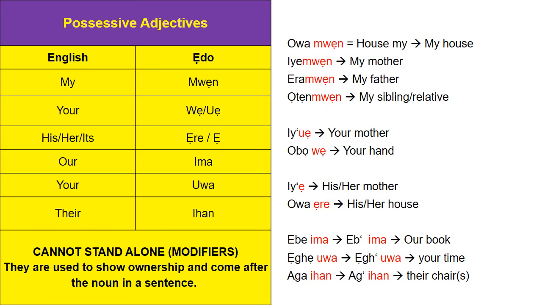Yes, indeed, it means my sibling or relative, but it is also the word you use to address people that you don't know, usually when you are interacting with them for the first time. For instance, you're somewhere and you want to ask for direction, so you will say oteme lao via se manae.